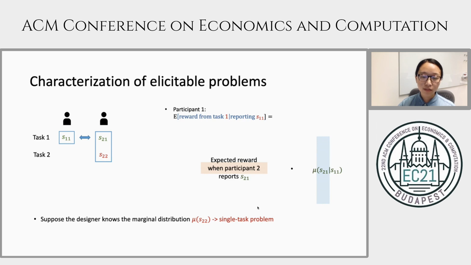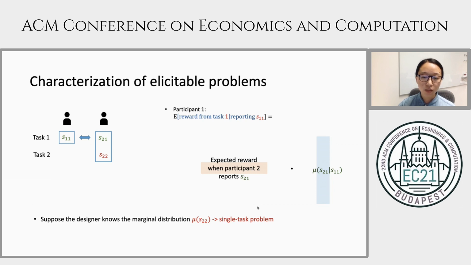Then we will get a vector that represents the expected reward when participant 2 reports any possible S21. As a result, this will be entirely similar to the single task setting, in which everyone's expected reward is an inner product of a payment vector and a posterior.